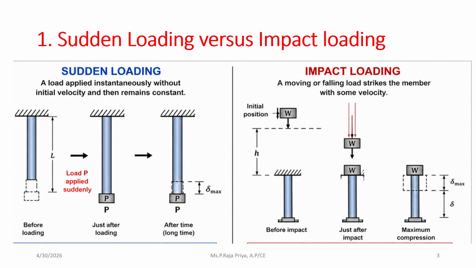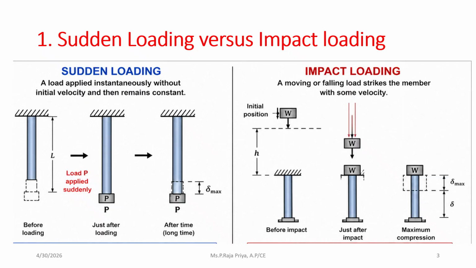This is the diagram to explain about sudden loading. But in the case of impact loading, a moving or a falling load will be striking the member with some velocity. So that is a major difference between suddenly applied loading and impact loading.